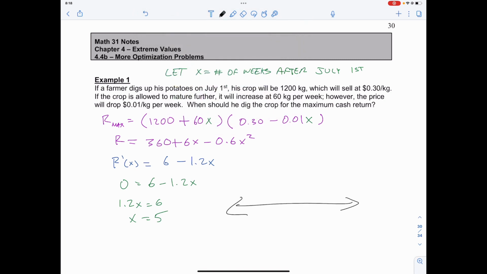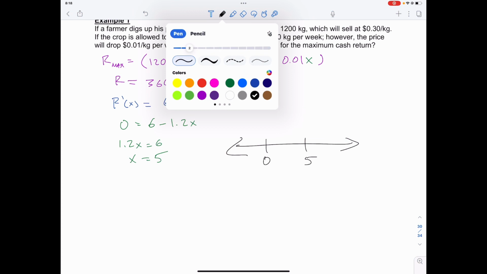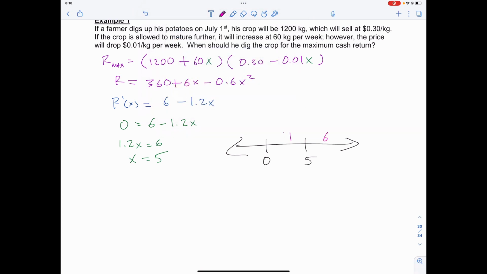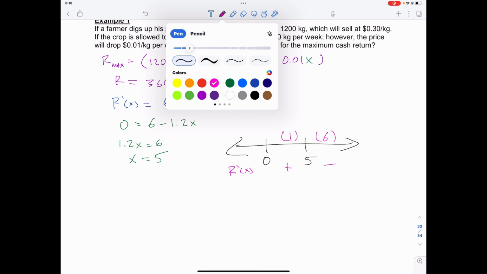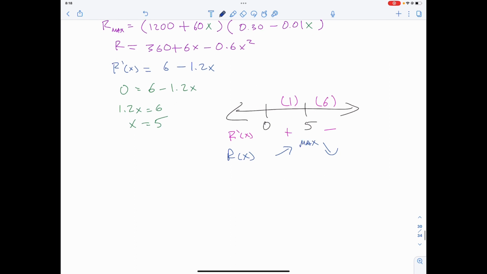So I could have 0 weeks, I could have 5 weeks, and when I sub in values like 1 or 6 weeks into here, and I take r prime of x, that's going to give me a positive and then a negative, which means that r of x is going to increase and then decrease, and there's my maximum, where x is equal to 5.